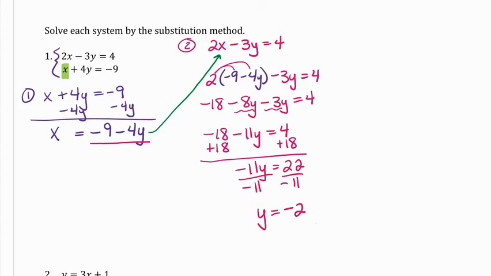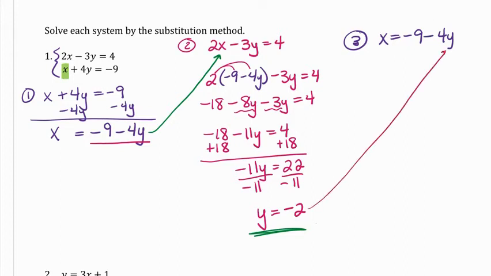All right, there's the first part of our answer, right? We've got one part of our ordered pair. There's the y value, but now we need the x value. So our last step is to take, again, that very first equation we had, x equals -9 minus 4y, and then we're going to take that y value and plug it in.